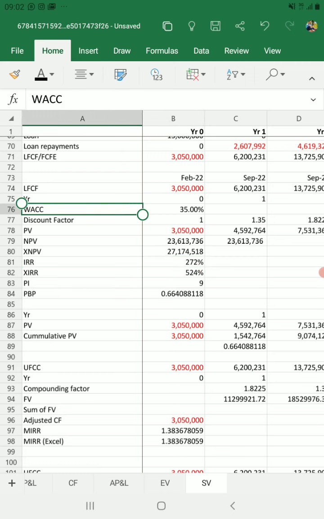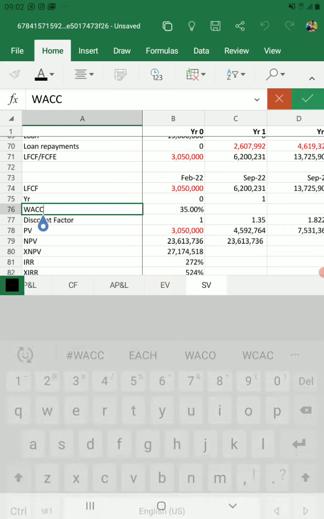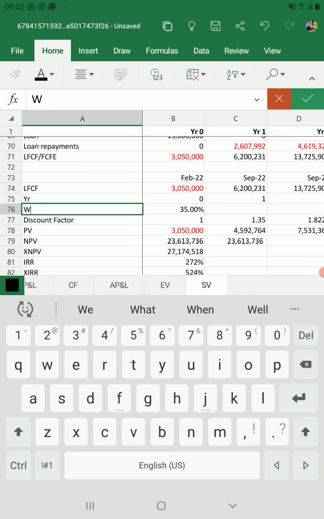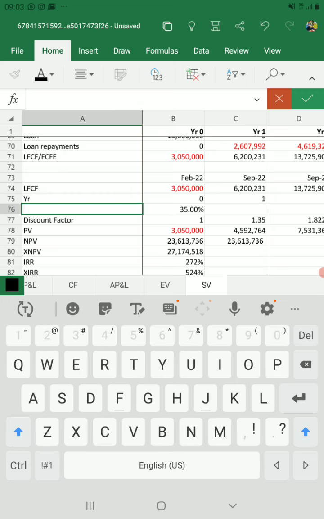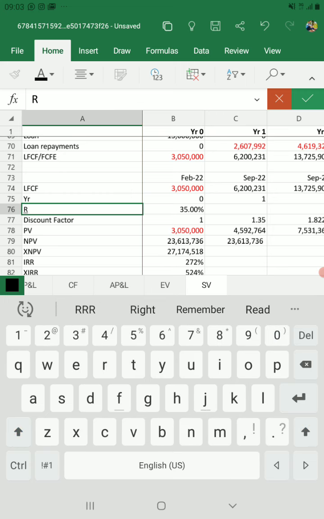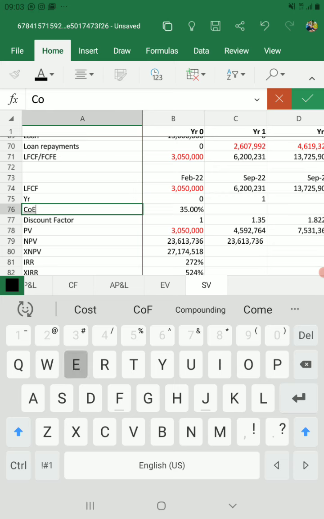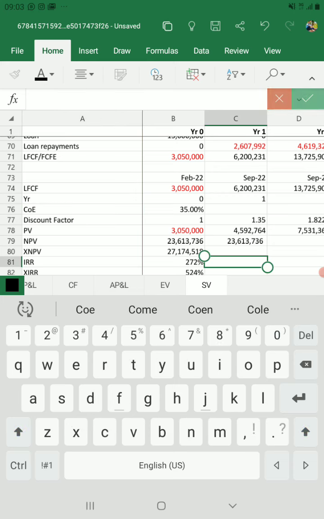So I changed the name here to, let's call it, cost of equity, 35%.